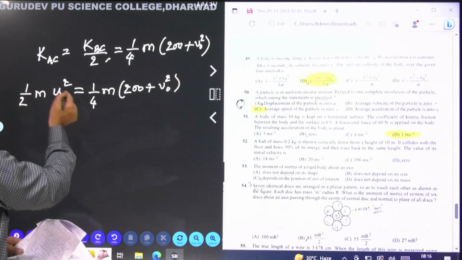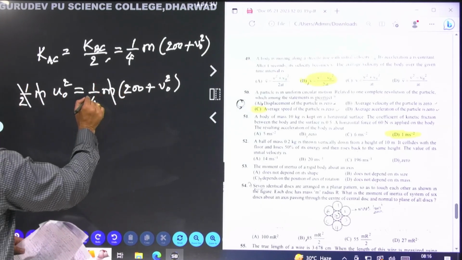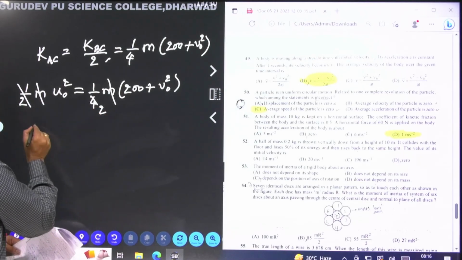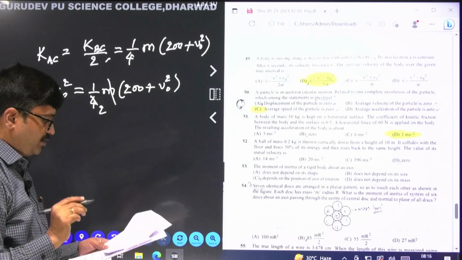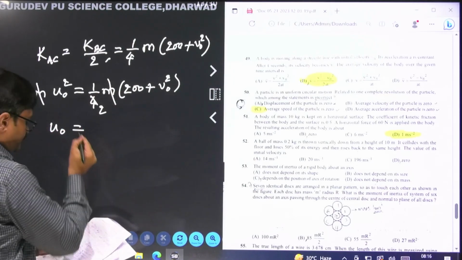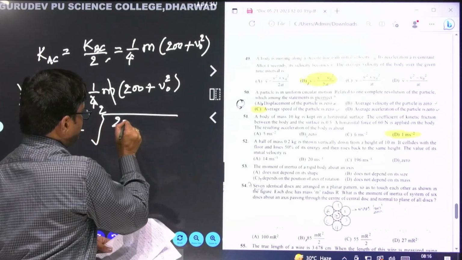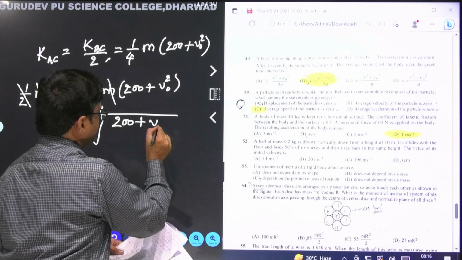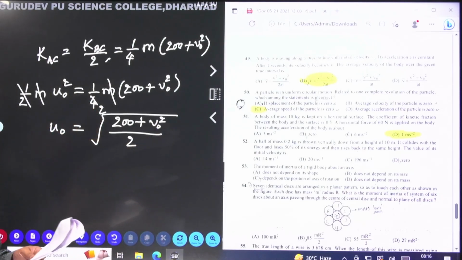Now let me simplify this. I'll cancel off m. So here we are left with 2. So u naught will be equal to square root of 200 plus v naught square divided by 2. Now this is what we have, correct?